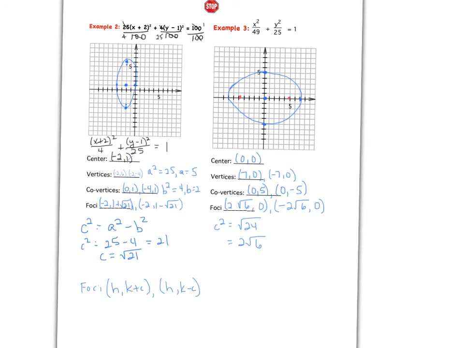Look at the general pieces of information. So the foci, when the vertical axis is the major axis, notice we're adding and subtracting from the k or y value, as well as when we draw the vertices. And on the horizontal, where the major axis is on the horizontal, we would add or subtract from the h value.